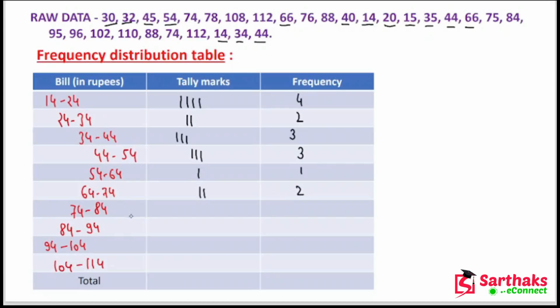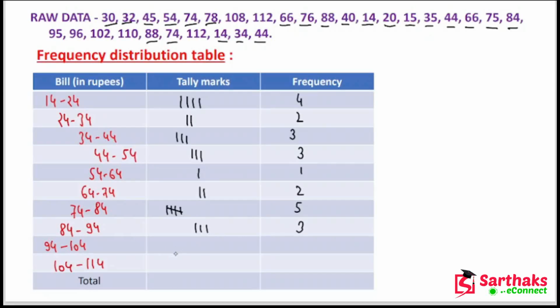Then from 74 to 84, we have 1, 2, 3, 4, 5, so the frequency is 5. Then from 84 to 94, in this way we have to count, 1, 2 and 3, so we have only 3.